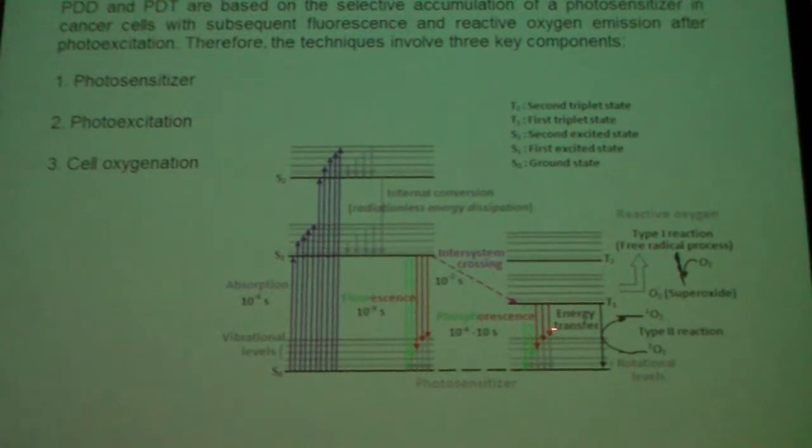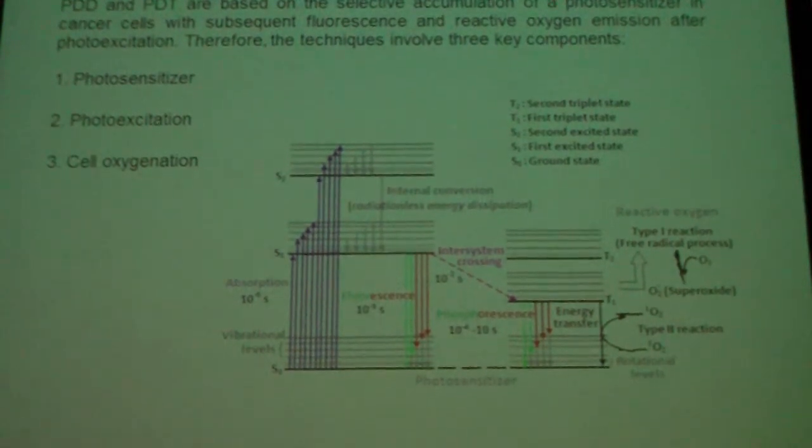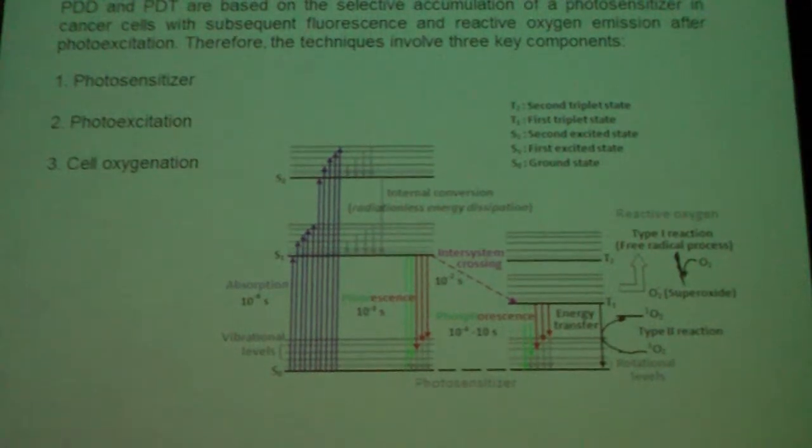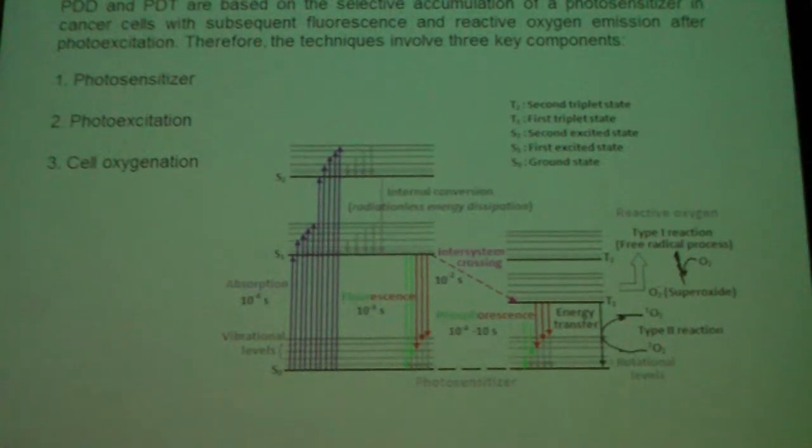It is possible that the molecule interacts with oxygen and produces superoxides, which are toxic for the cell and can damage it, or it can produce reactive oxygen, which is also very toxic for the cell. The accumulation of high amounts of reactive oxygen in the cancer cells can kill the cancer.